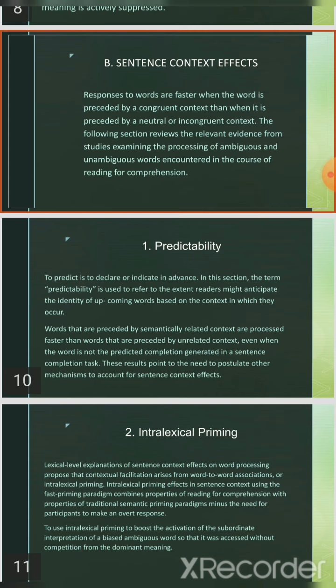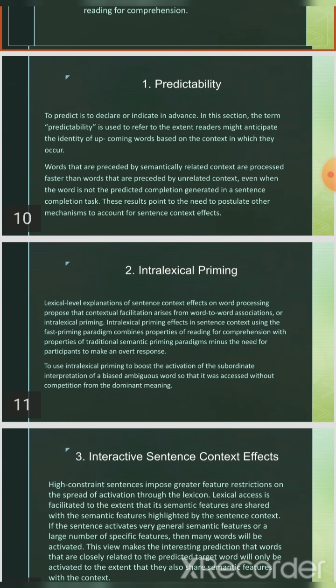The following section reviews the relevant evidence from studies examining the processing of ambiguous and unambiguous words encountered in the course of reading for comprehension. The first is predictability.